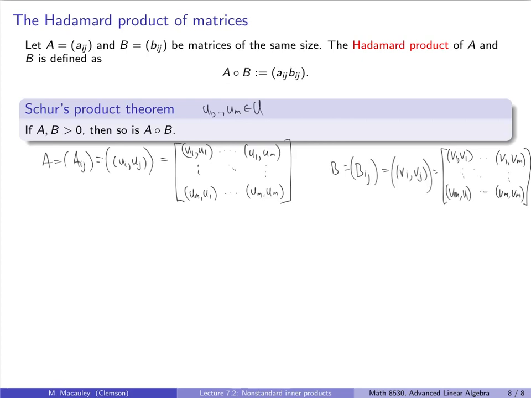I'm just writing this because I like looking at it. This is v1 up to vm in some V. Now I'm using the same notation for both inner products. I think it's clear from the context. Some people like to use brackets for one, or maybe a subscript u and v. But I think that would only make it more messy.